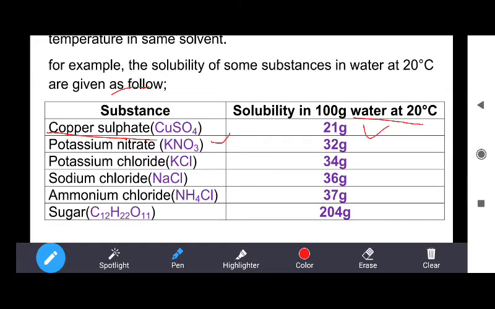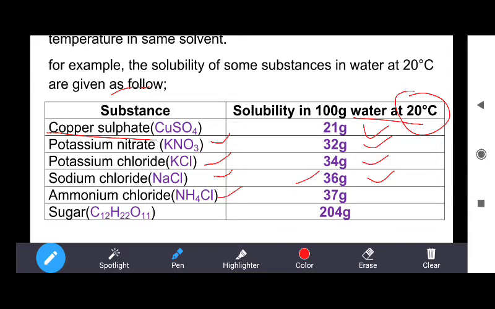Potassium nitrate, the solubility of potassium nitrate is 32 gram. Solubility of potassium chloride is 34. Solubility of sodium chloride is 36 gram. Means if you dissolve sodium chloride in water at 20 degrees Celsius, then the maximum amount of sodium chloride which dissolves in water will be 36 gram.